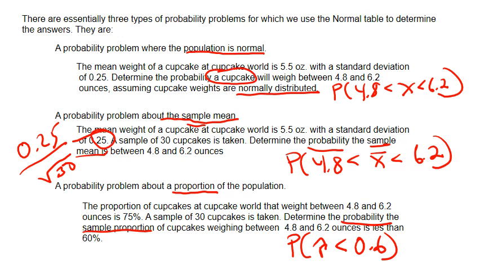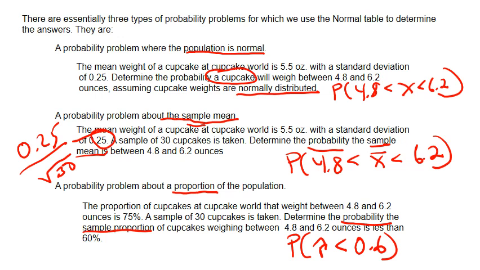Now, the difference too is that you're going to be subtracting the population proportion and dividing by the sample proportion standard deviation, which is the square root of p times 1 minus p over n. I'm not going to write that down. Some of the things you really should know.